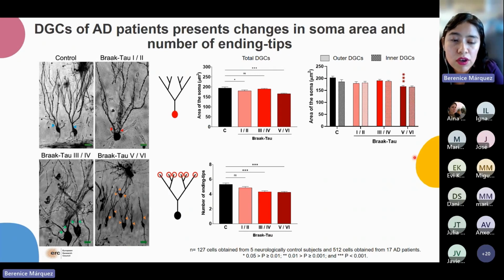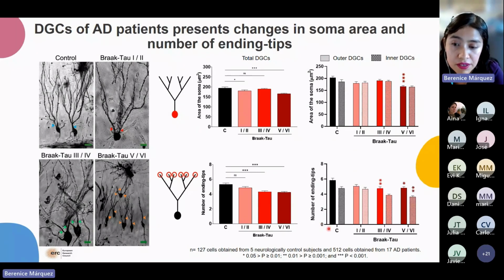Furthermore, the number of ending tips presents a progressive decrease as the disease advances, reaching statistical significance at intermediate stages. In the case of the outer dentate granule cells, a decreased number of ending tips was observed at intermediate and later stages.